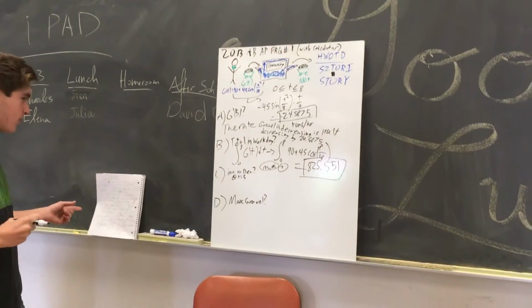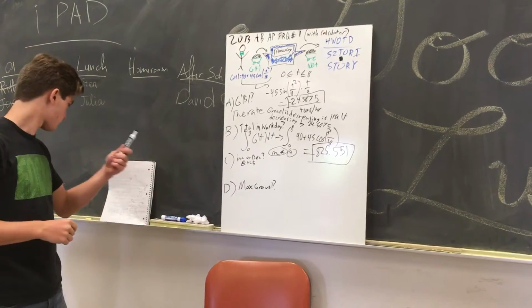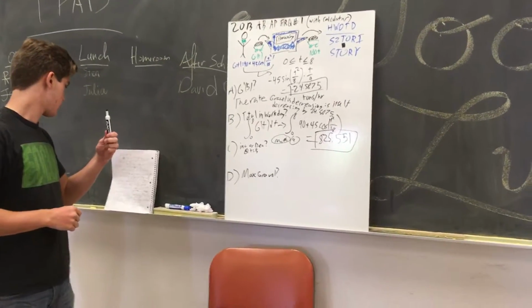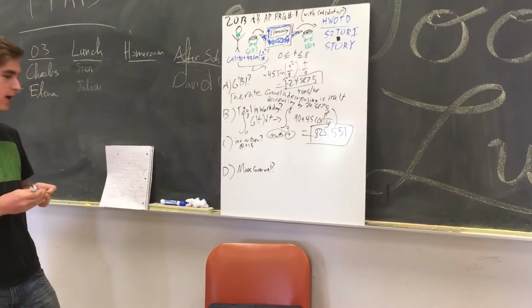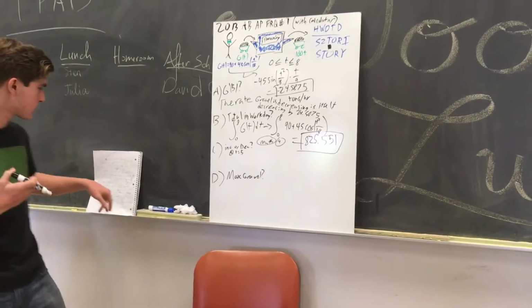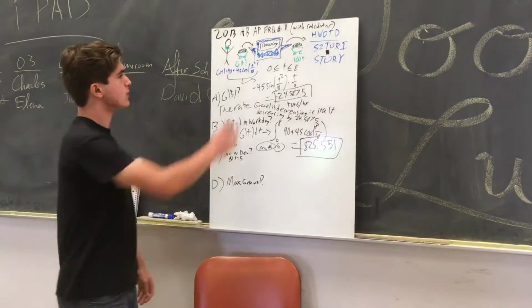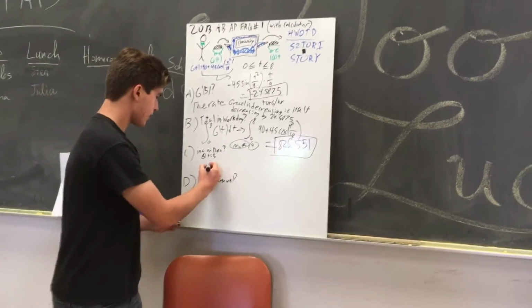And for part C, it wants us to find whether g is increasing or decreasing at time t equals 5. So to do this, we're going to use both of these functions that we started with. To start off, we're going to just plug in 5 to g of t.